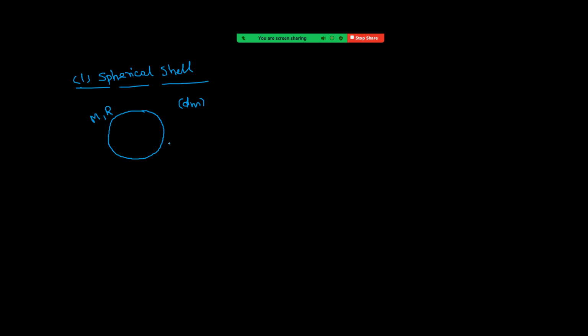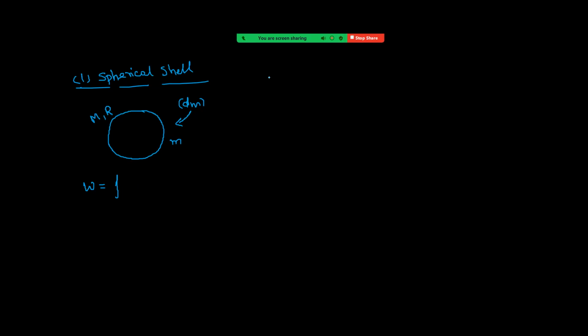Let us take, at one point of time, its mass is small m, and we are bringing dm mass from infinity. Now, work done will be equal to the integral.